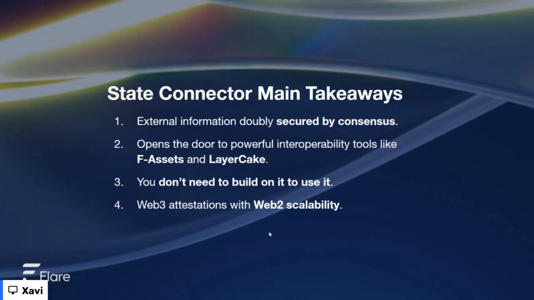Very importantly, you don't need to build using the state connector to use it. It's just a regular public smart contract. You just need to call it and use it. And also, very importantly, it creates Web3 attestation, but uses Web2 level scalability.